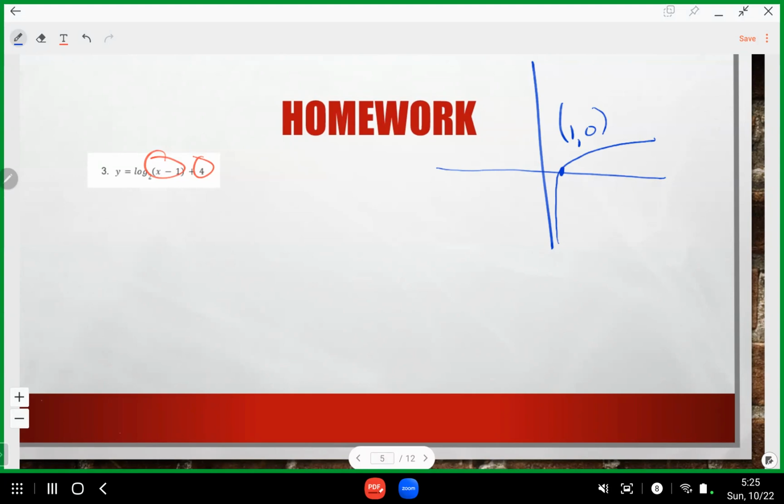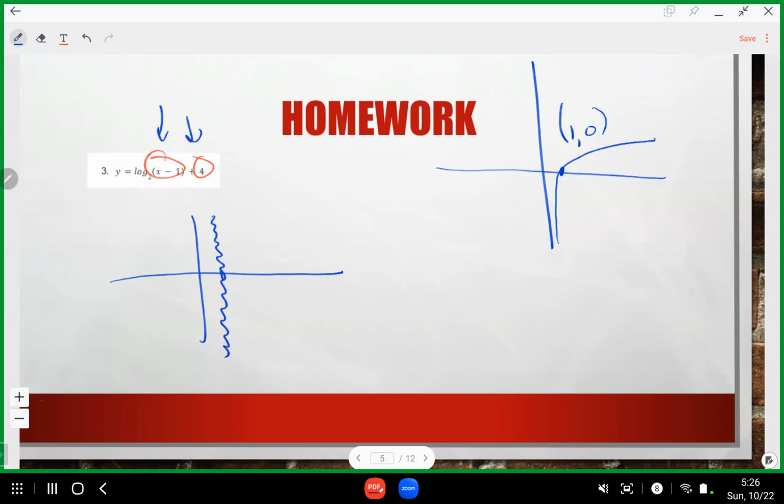So essentially what we're looking at here is this change right here, which is the horizontal change, will change the vertical asymptote. This will shift the graph up. Right. So now because it is moved to the right, the asymptote will be at 1 here.